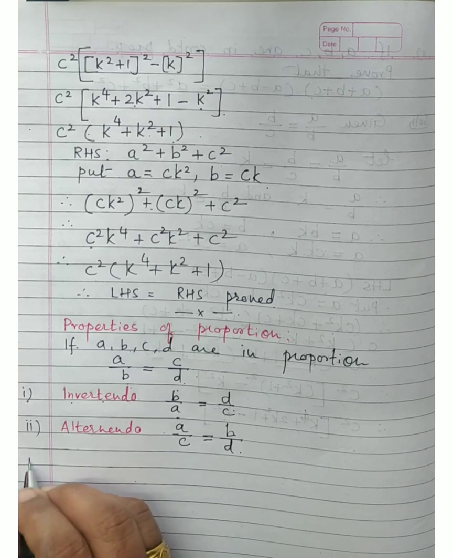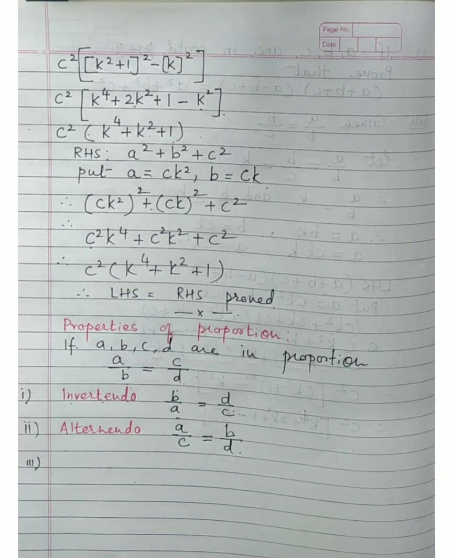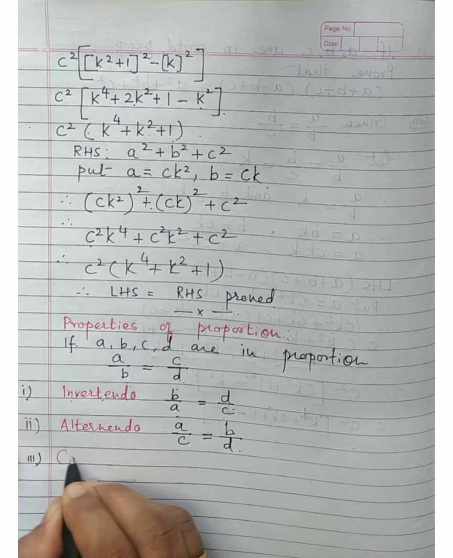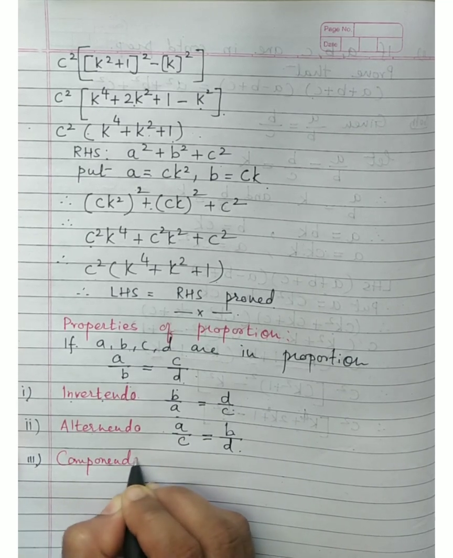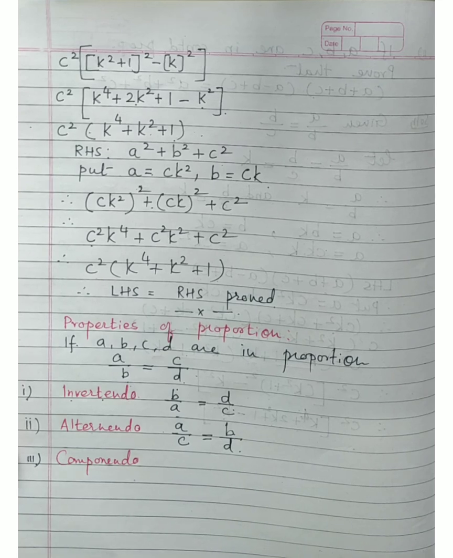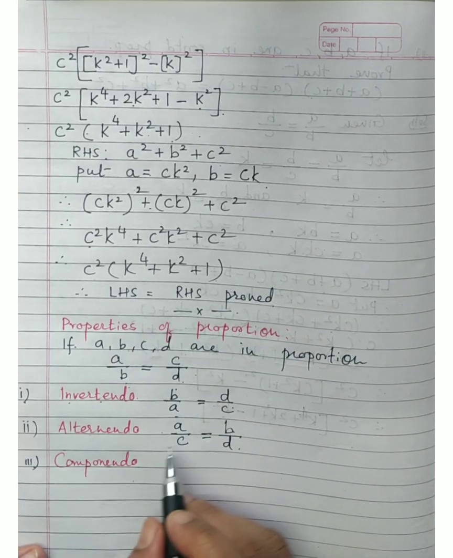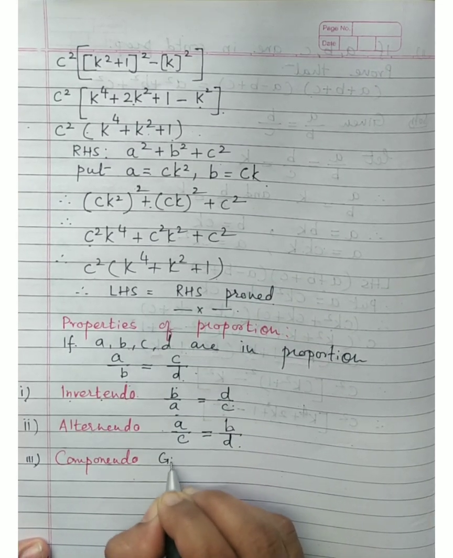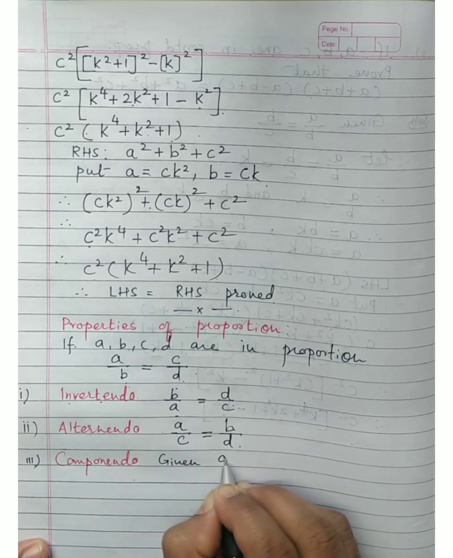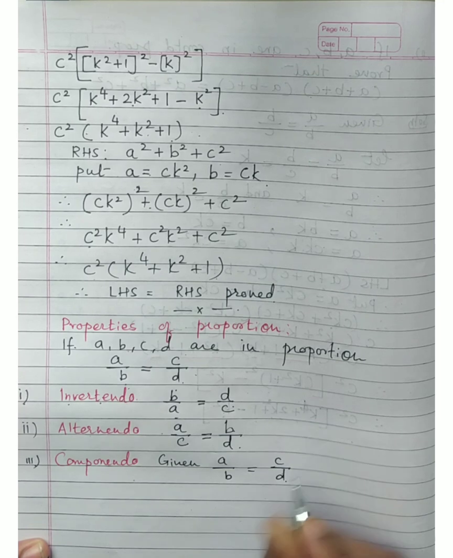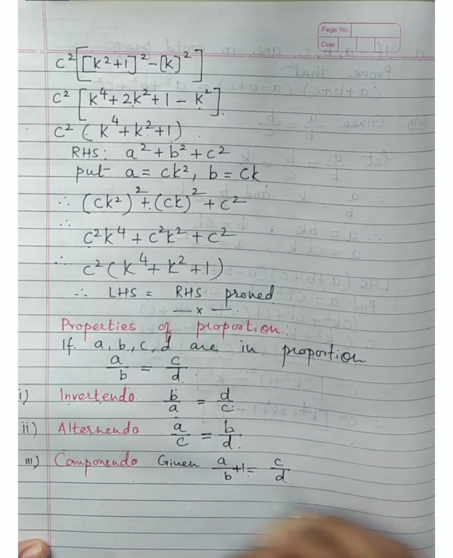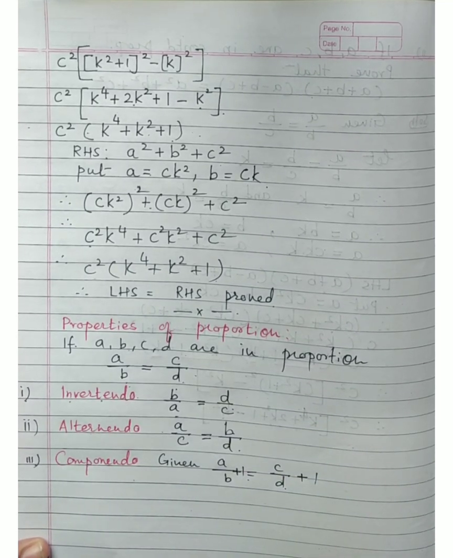The third property, an important property, is componendo. In componendo, I'll show you how it comes. We are given a upon b is equal to c upon d. Supposing I add 1 to both sides, what will happen?